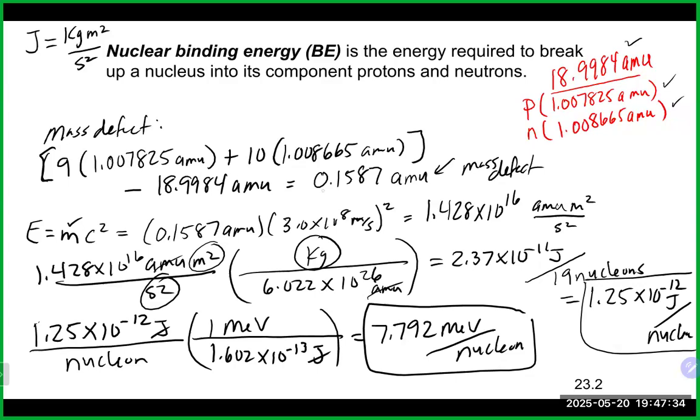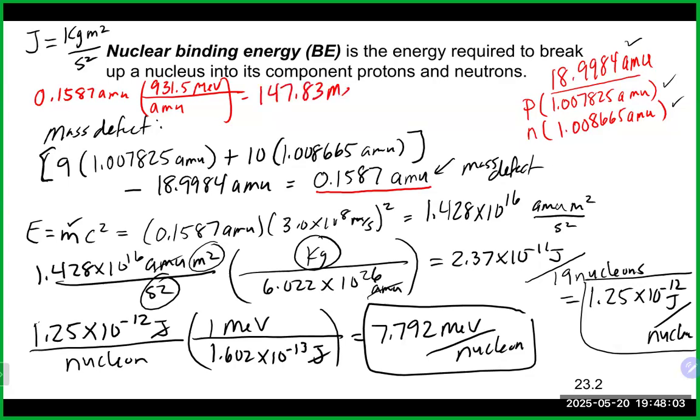You can get up to this part right here, and you could take the mass defect that we calculated, the 0.1587 AMU, and you could use that conversion on the previous slide where an AMU equals 931.5 mega electron volts. And that would get you 0.1587 times 931.5, 147.83 mega electron volts.